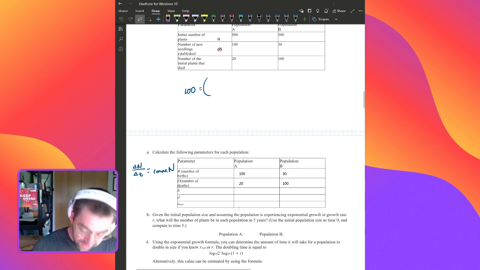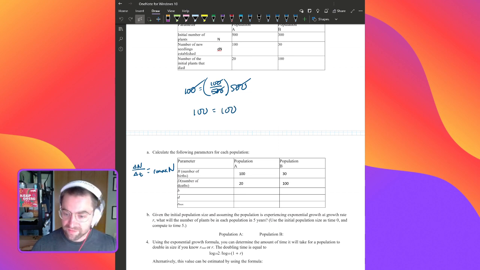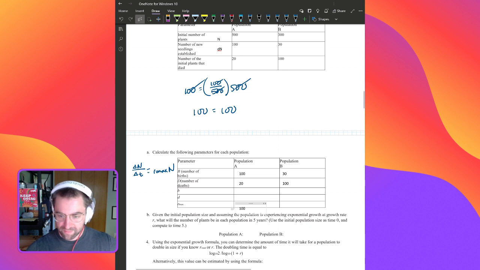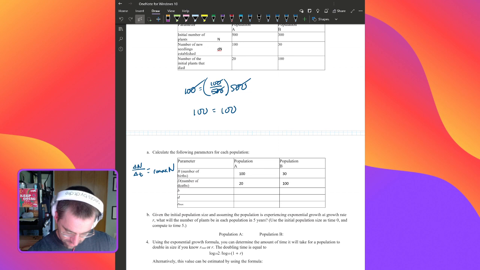So the way they're doing this is they just have 100 divided by 500 times 500. We can simplify and get rid of all of these zeros and just confirm that 100 does in fact equal 100. So our R max equals 100, apparently. That can't be. Sorry, R max equals 1/5.